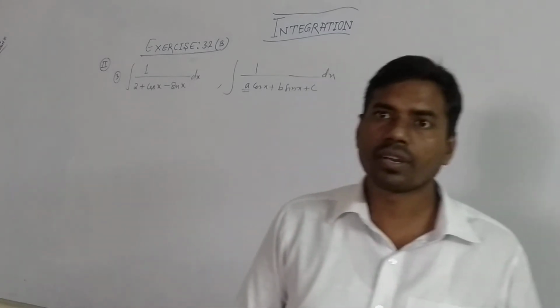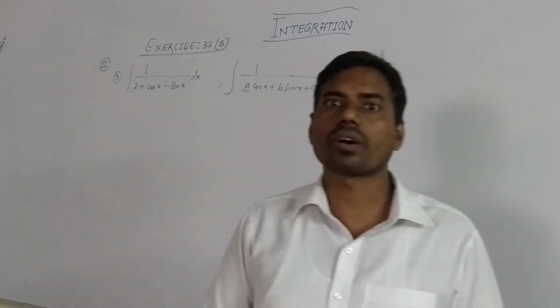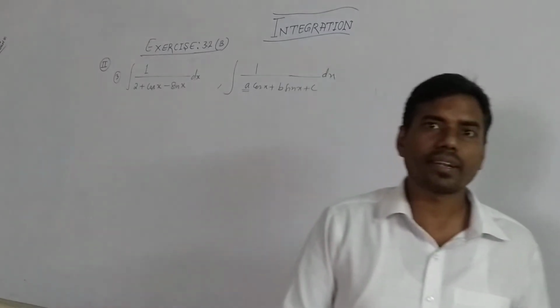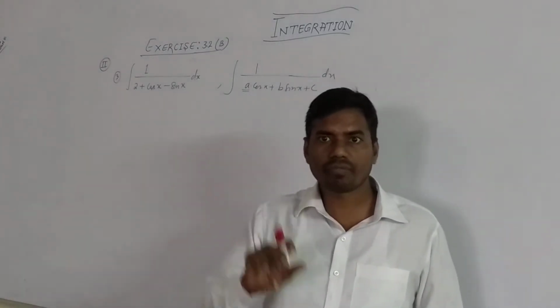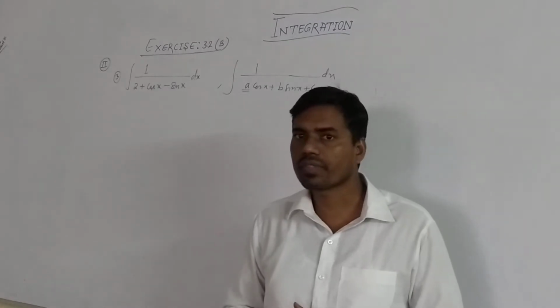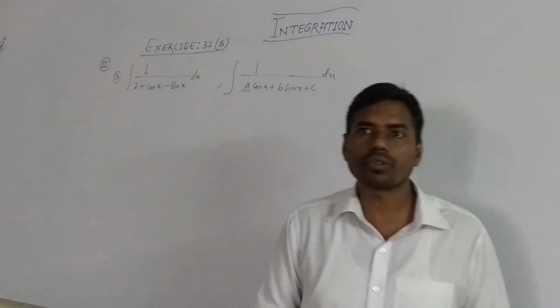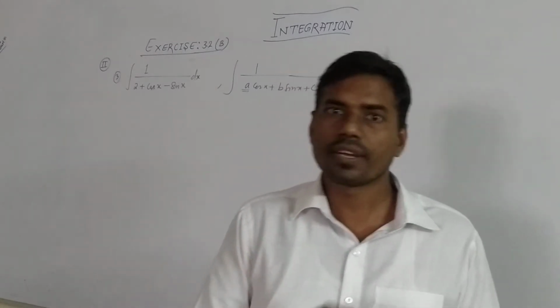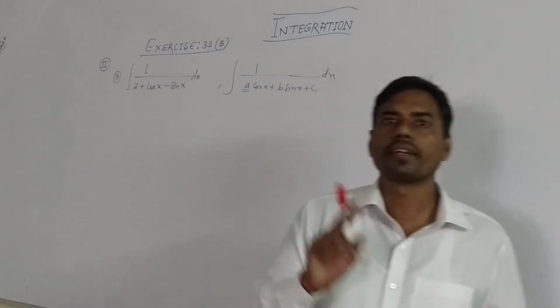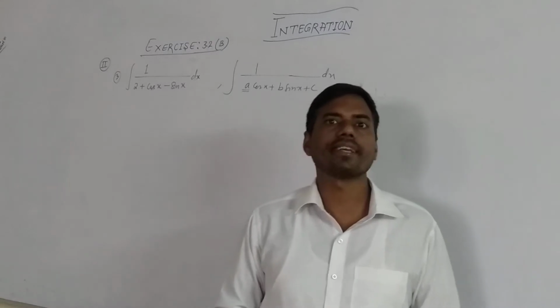And we know that the substitutions for this type of integral are dx is equal to 2 dt upon 1 plus t square, cos x is equal to 1 minus t square upon 1 plus t square, sin x is equal to 2t upon 1 plus t square.